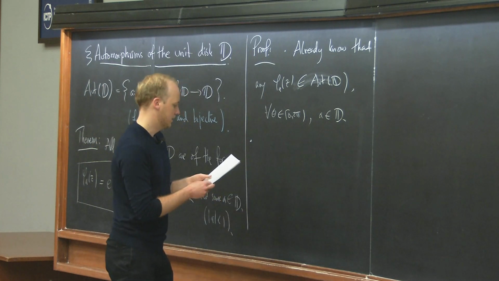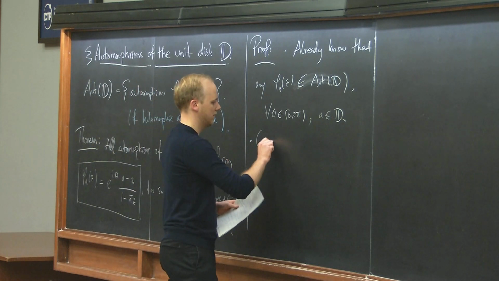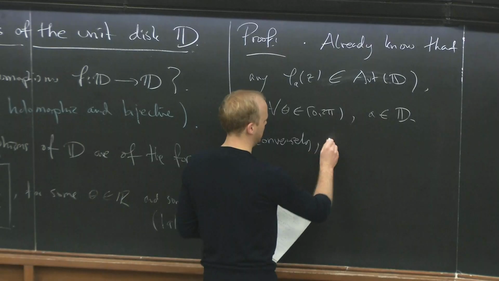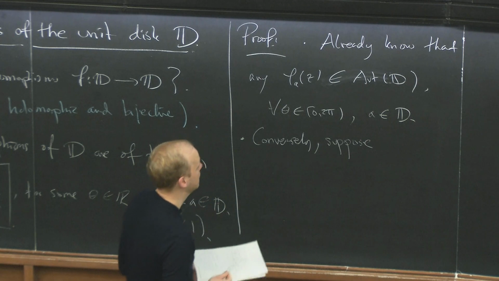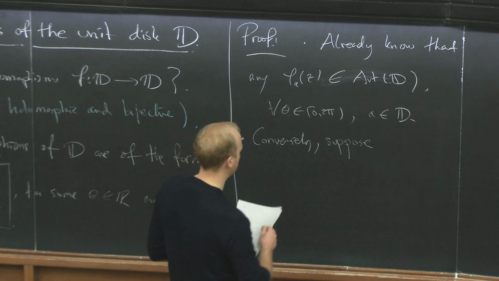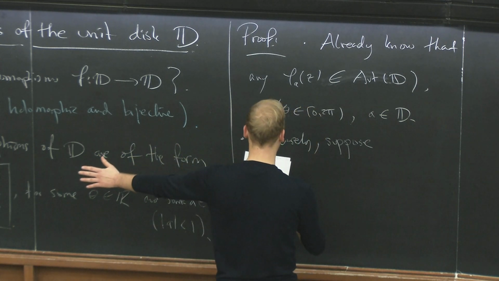Now we want to prove the converse. For the converse, we have to suppose that we have an arbitrary automorphism, and then we have to show that it is of this form that I wrote on this board.